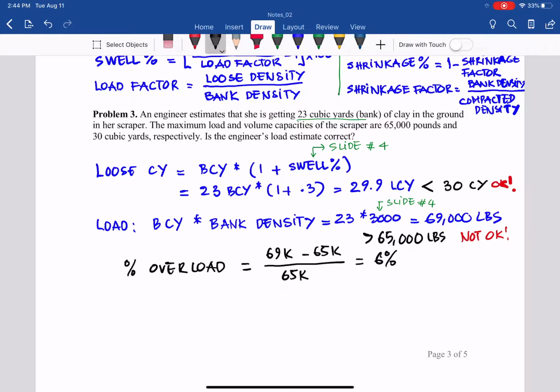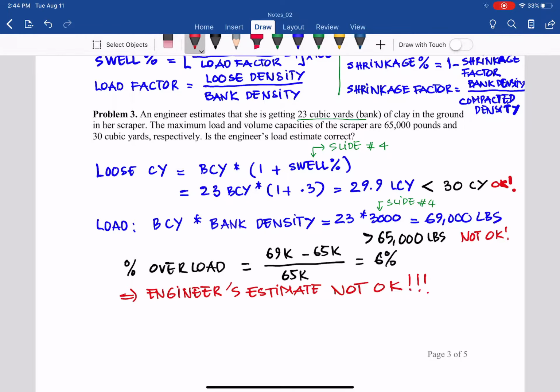So what does that mean? Is the engineer's load estimate correct? It's not okay, right? So bottom line, the engineer's estimate is not okay.